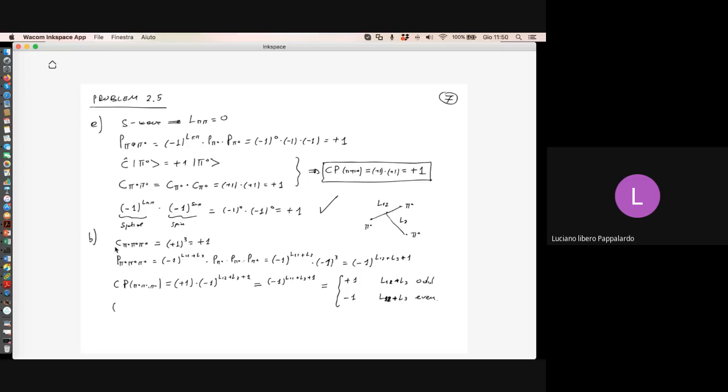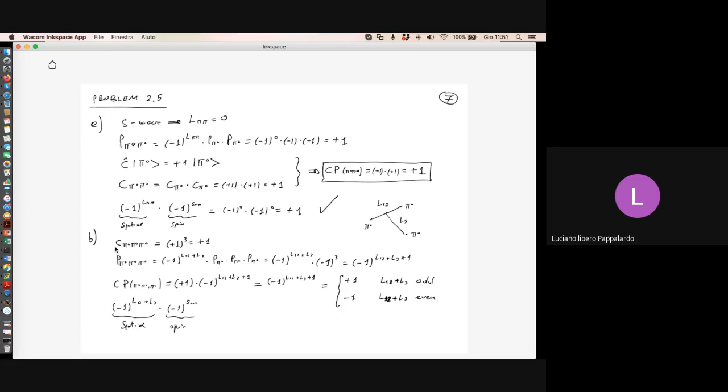So, for the spatial part, we have -1 to the L, so L12 plus L3. This is for the spatial. Then we have for the spin, -1 to the total spin. Okay, and this is for the spin component of the wave function for identical bosons.